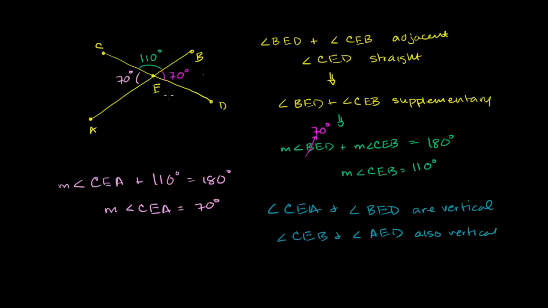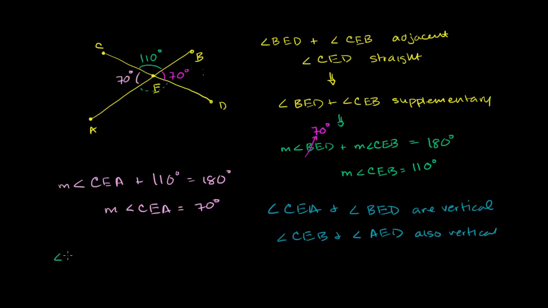So now we have one angle left to figure out, angle AED. Vertical angles are always equal, but we haven't proven that to ourselves yet, so we can't just use that property to say that this is 110 degrees. So we're going to use the exact same logic. CEA and AED are clearly supplementary. Their outsides form a straight angle, so they must add up to 180 degrees.